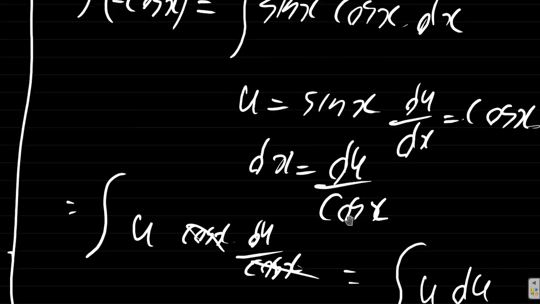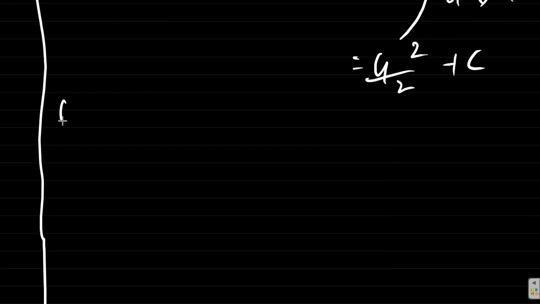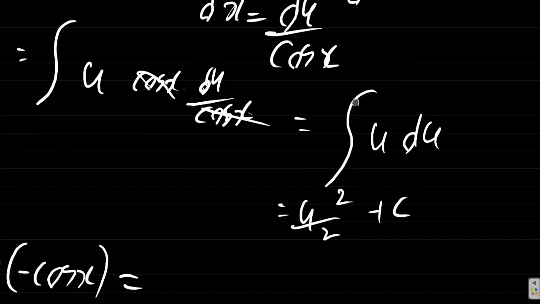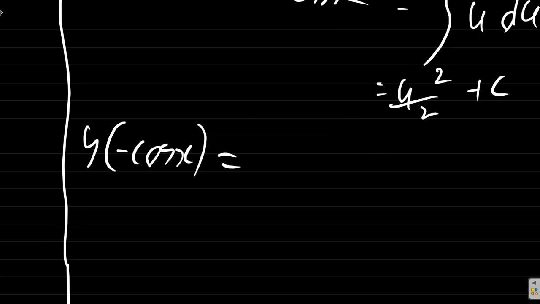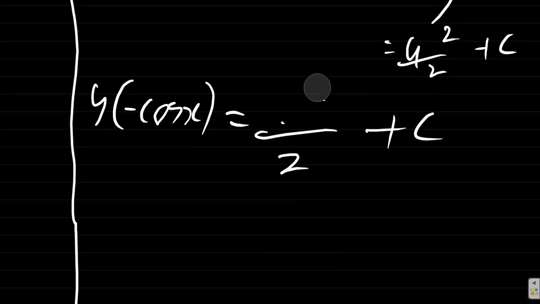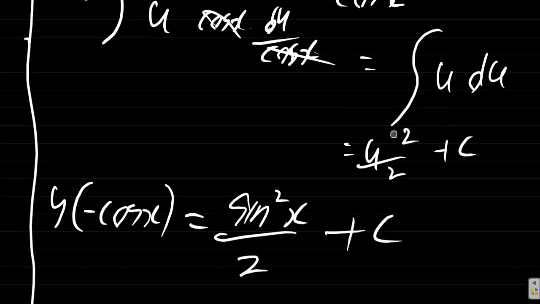Alright. Now, y times negative cos x is equal to, now when you integrate the right hand side, you get u squared over 2 plus c. But what was u again? u was sine x. So it is sine squared x over 2 plus c.